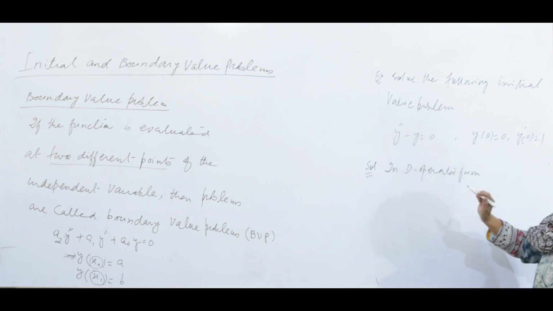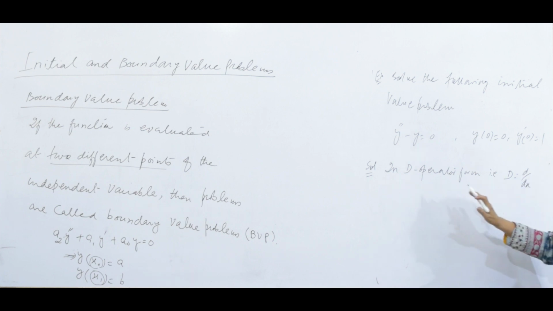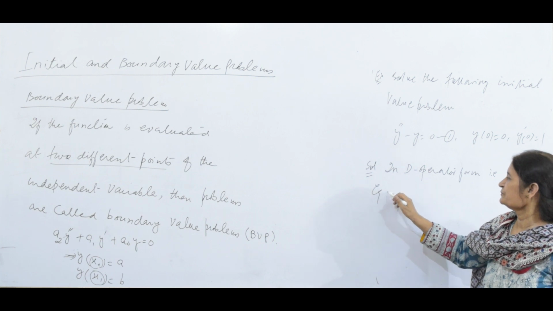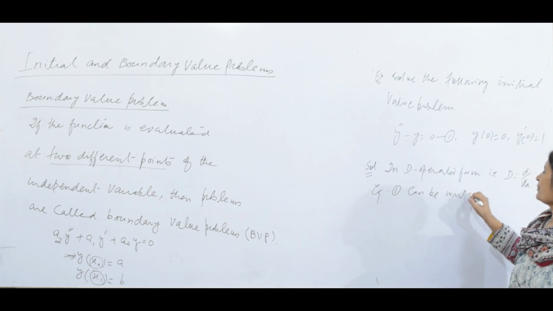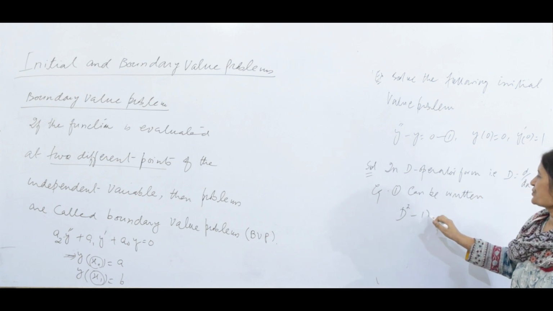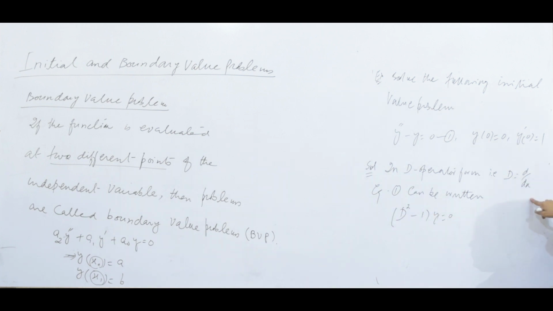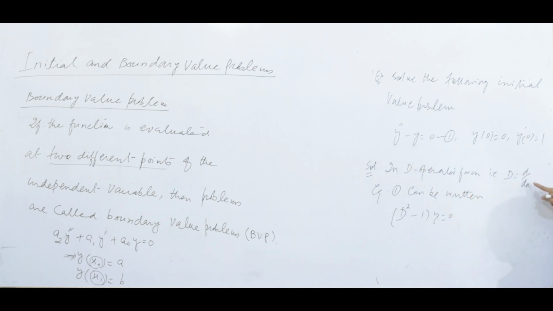In D operator form, capital D is d by dx, a differential operator. Equation 1 can be written as D square minus 1 operating on y equal to 0. Because d by dx is capital D, the double derivative d2 by dx2 is going to be D square.